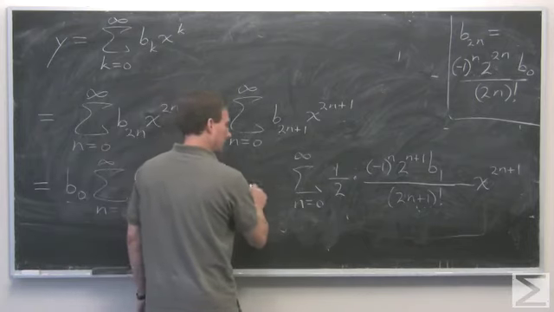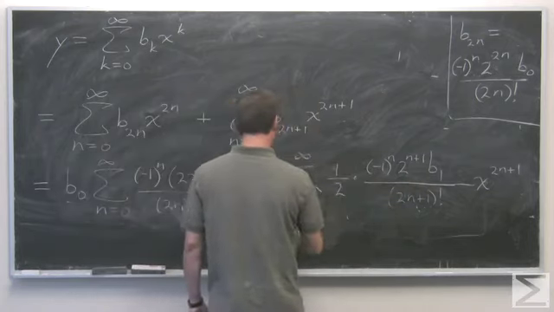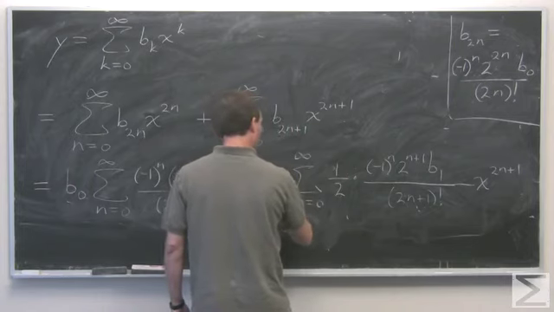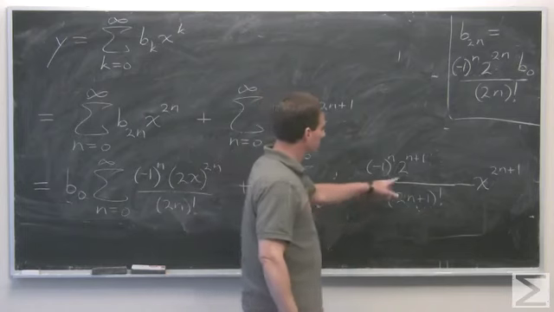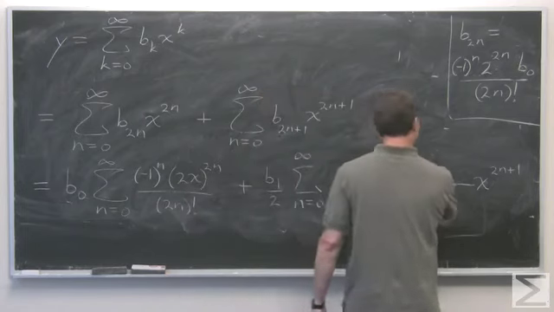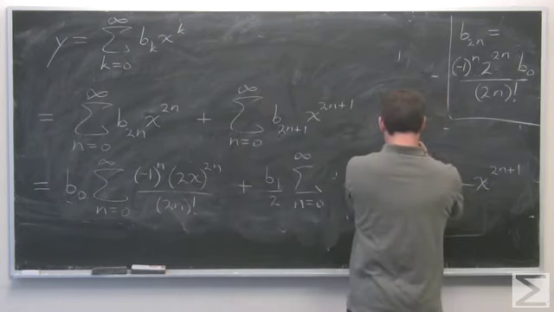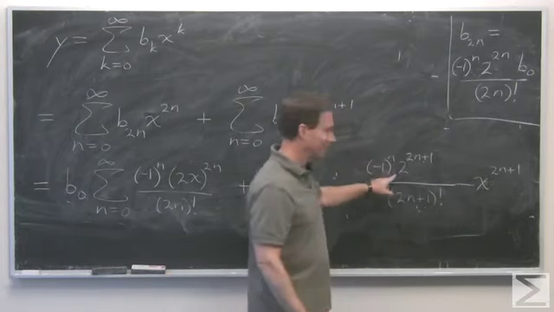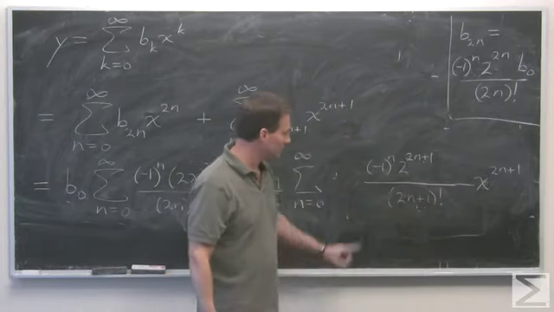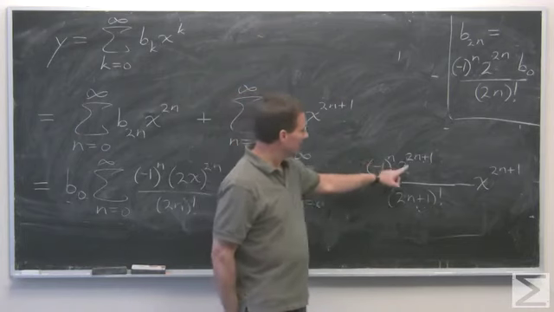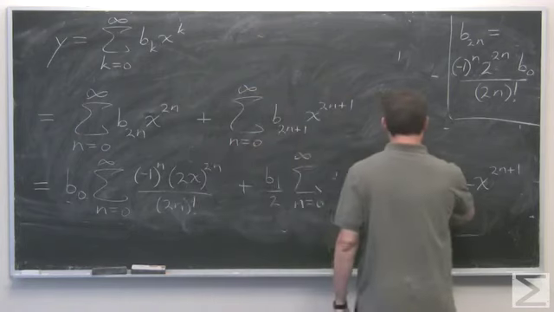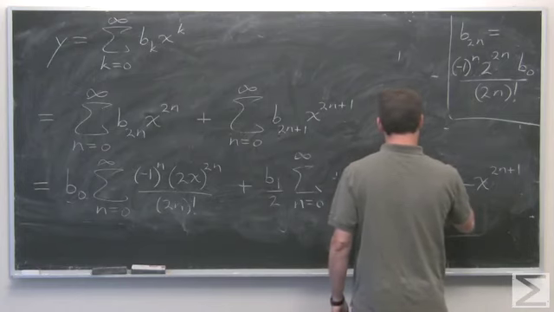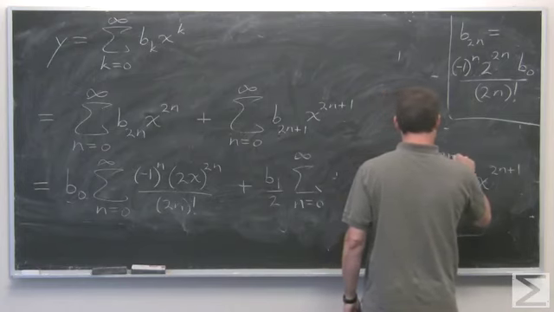Add to this, we can factor out the b1 and the half, so we get a b1 over 2. And here that should have been a 2 to the 2n plus 1, because I want to merge it with that. 2 to the 2n plus 1 times x to the 2n plus 1, you get a 2x to the 2n plus 1.